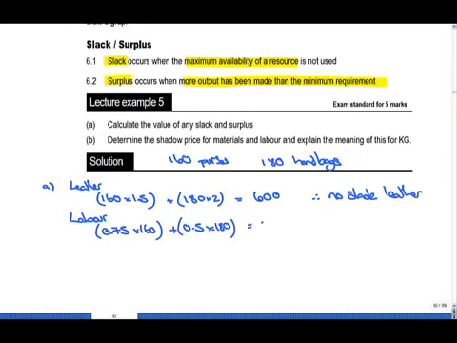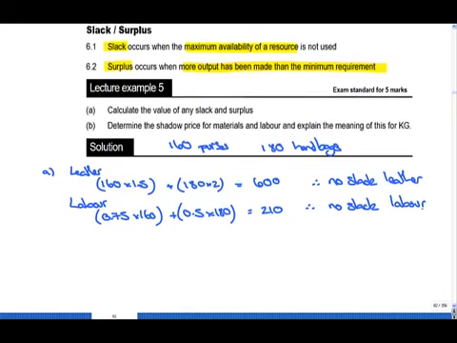Now that takes us to 210, which again is exactly the amount of hours we had available, so therefore there is no slack labour either. Now you would expect that, given our optimal point was where leather and labour crossed, there was no spare, we were using everything we had. If we'd had an optimal point which was, let's say, labour and the quota, we'd have probably found that we had some slack leather.